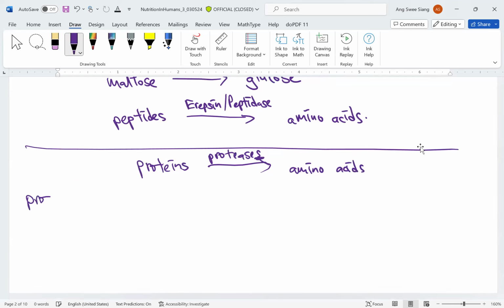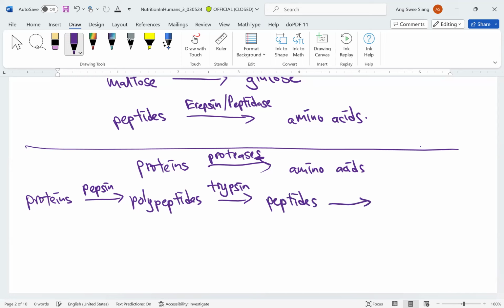Proteins are digested by pepsin to polypeptides. Then polypeptides are digested by trypsin into peptides.